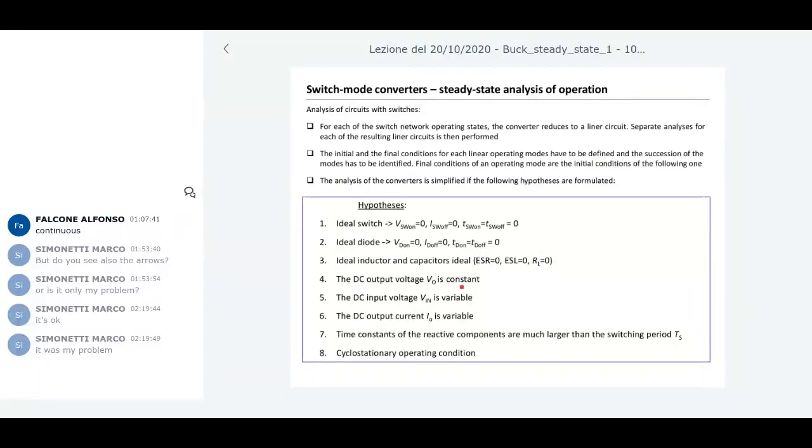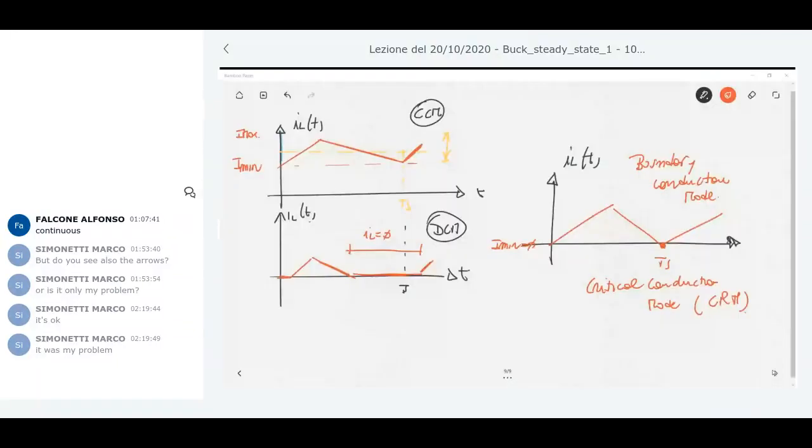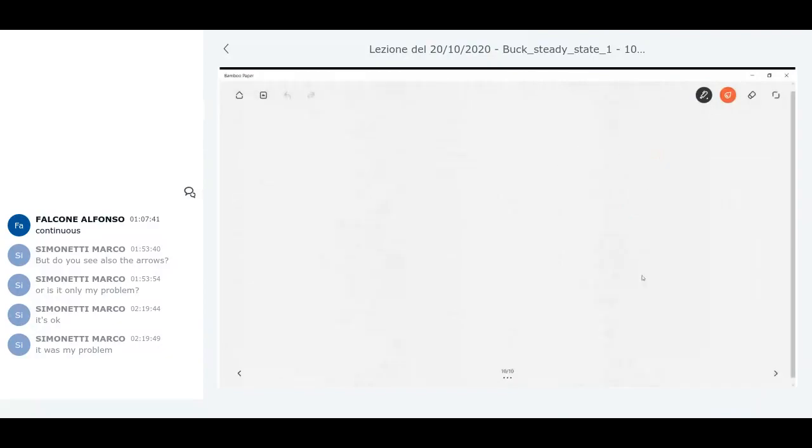Okay. So let's start the analysis of the buck converter. And so let me share again my whiteboard. Okay. So I have the buck circuit.